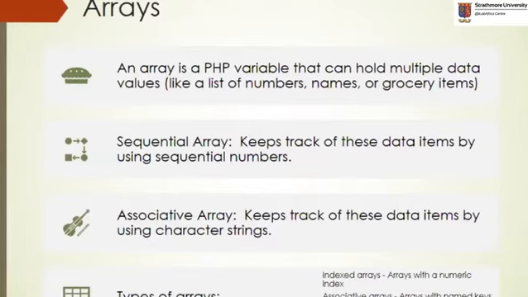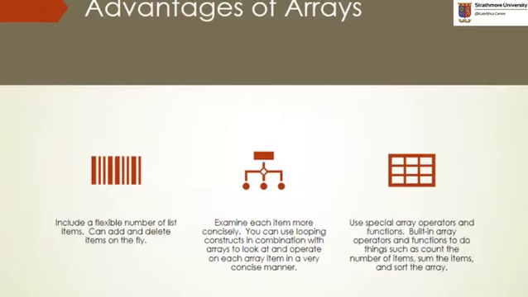And then we also have multi-dimensional arrays, which are arrays containing one or more arrays within them. They are going to include a flexible number of list items, and then you can add or delete items within the array, which makes it very easy to maintain. Then you can also check the different items within an array.